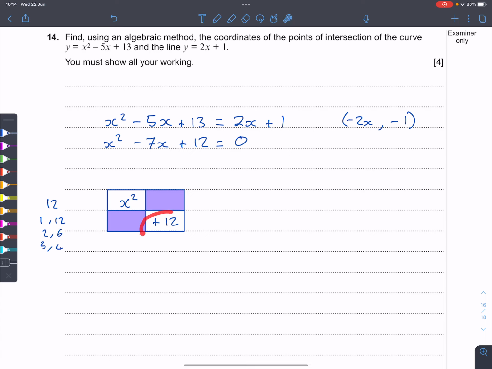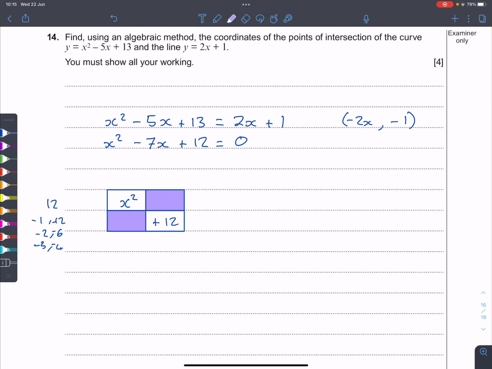Because they multiply to give a positive number, that can only happen when both numbers are positive or both are negative. And because they add to give an overall negative, they must both be negative. So everything in here has to be a negative, and then we're looking for the pair that adds up to give negative 7.